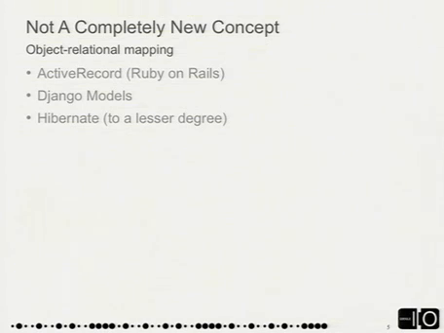Our system is probably more closely related to Django's model and the Ruby on Rails model. Java has its own very popular object relational mapping tool called Hibernate, which makes it much easier to map static Java classes to tables in an SQL database.